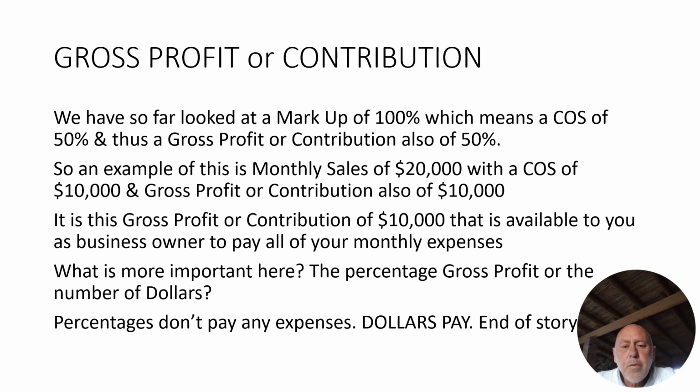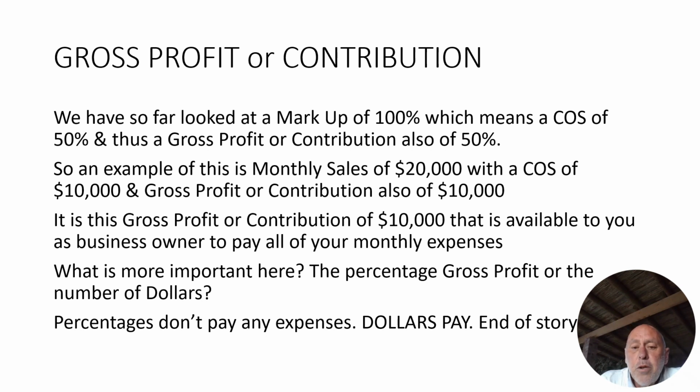And I'm doing this for a very specific reason, to help you understand something which is, like everything else, very important. So far we've looked at a markup of 100%, which means a cost of sales of 50%. So that's going backwards. If we mark up from 100 to 200, that's 100% markup. But if we start with sales of 200 and we go down to our cost of sales, which is 100, that's 50%.